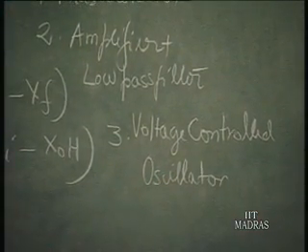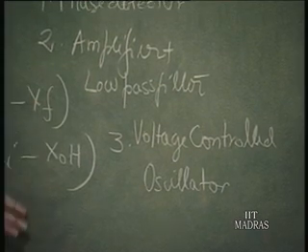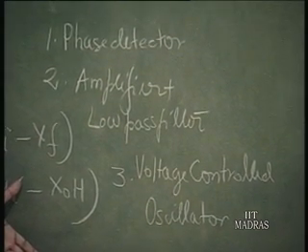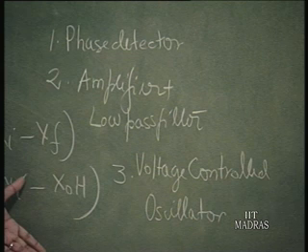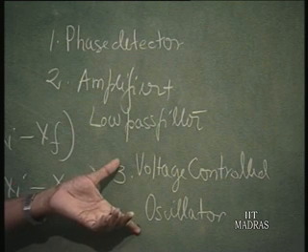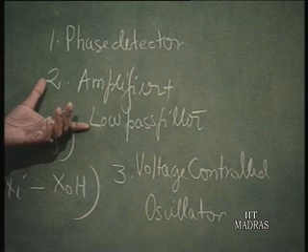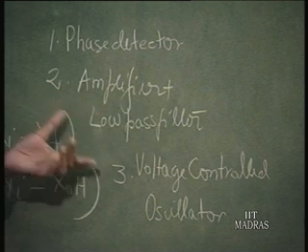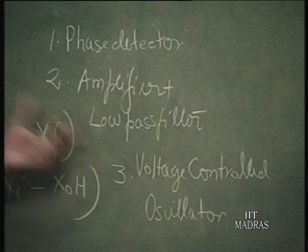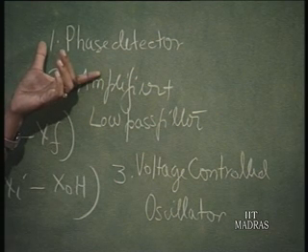In fact, we had discussed all these 3 building blocks just earlier. Voltage controlled oscillator has just been discussed. Amplifier and low pass filters were also discussed earlier, how to design amplifiers and how to design low pass filters. Phase detector was discussed when we discussed multipliers.